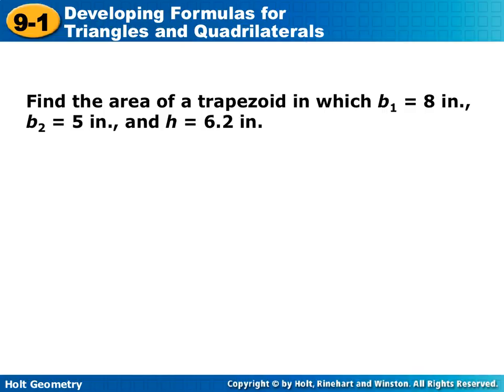So order of operations, correct. Be sure you get your parentheses in there. Trapezoid now. 8 plus 5 times 6.2. Half of that total. Sure, I can write it out here so you can see what's going on.